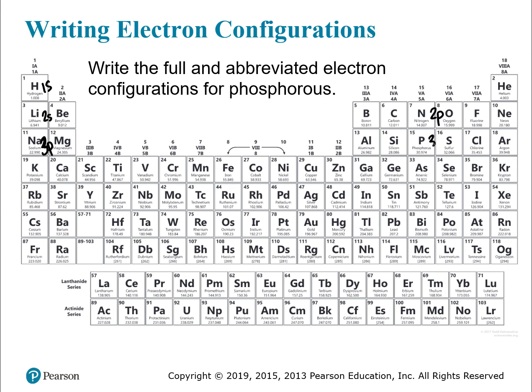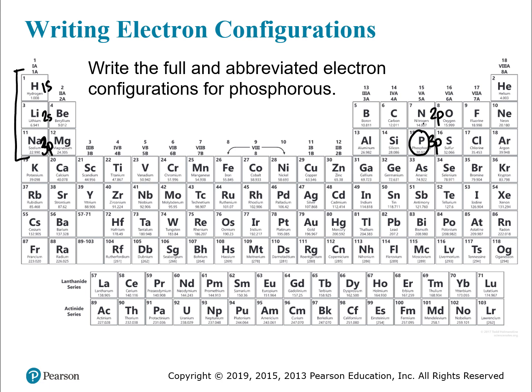I'm not going to fill out the whole table. We're really just going to need this part here, because phosphorus is in the third period. So there's the full electron configuration, which we're going to write first. And then there's the abbreviated electron configuration.